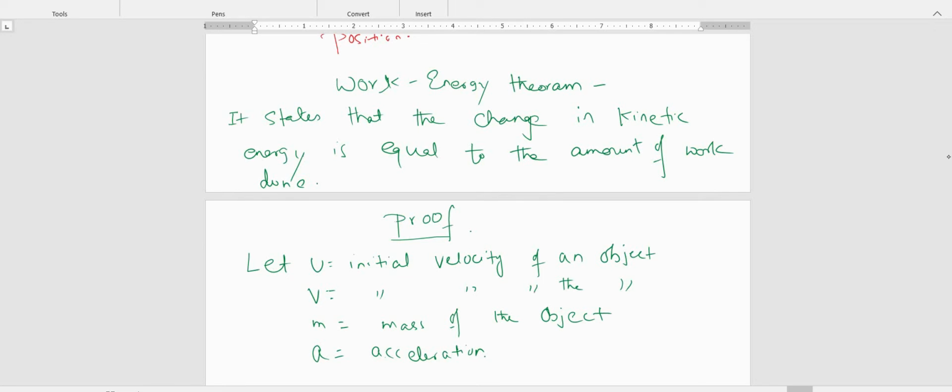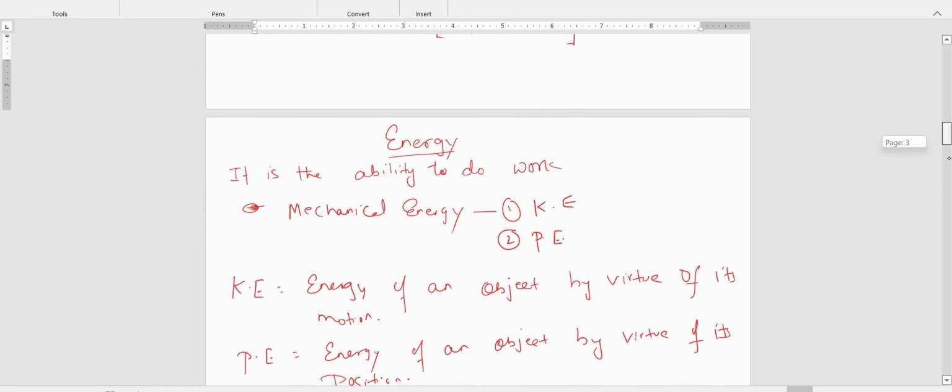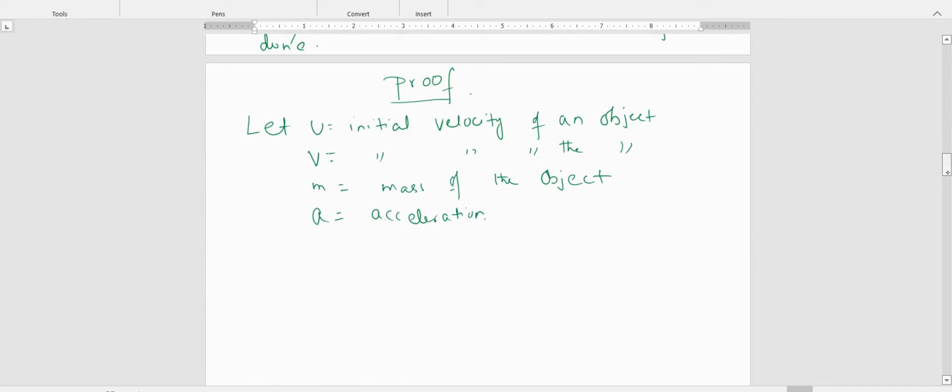So using the relation you know, v square minus u square is equal to 2as. We know this formula.